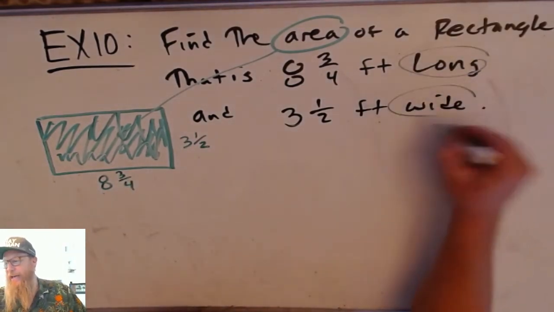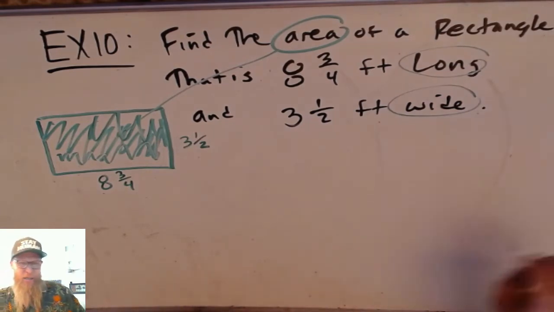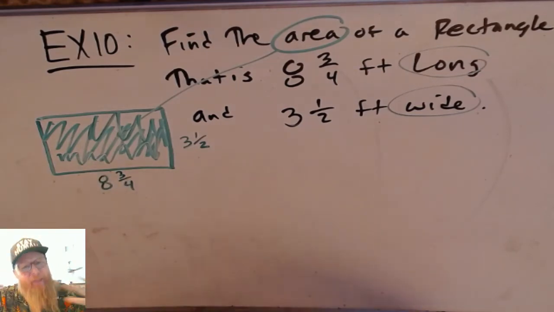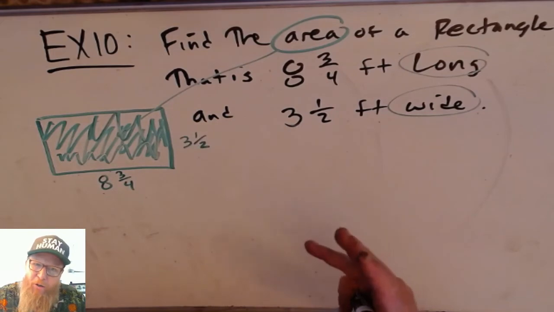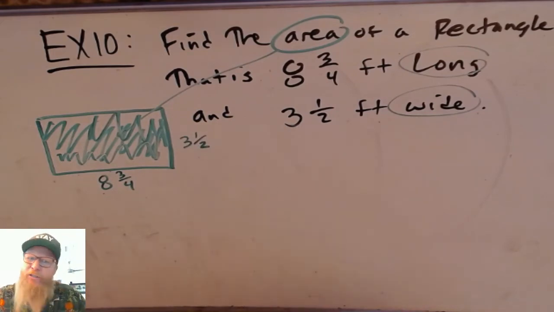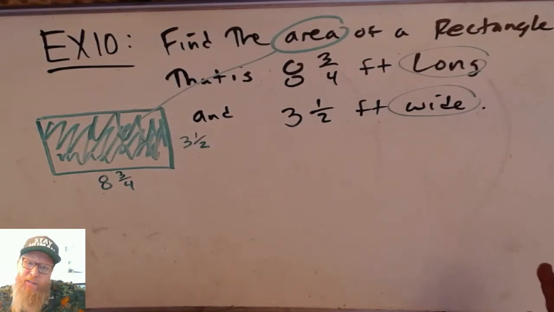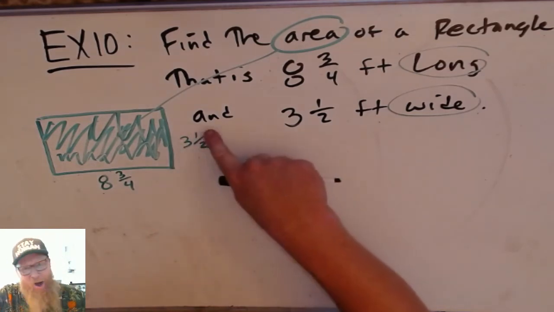The words length and width are a little bit interchangeable. Typically, human beings consider the length to be the longer of the sides and the width to be the shorter of the sides, but that's really not a law.